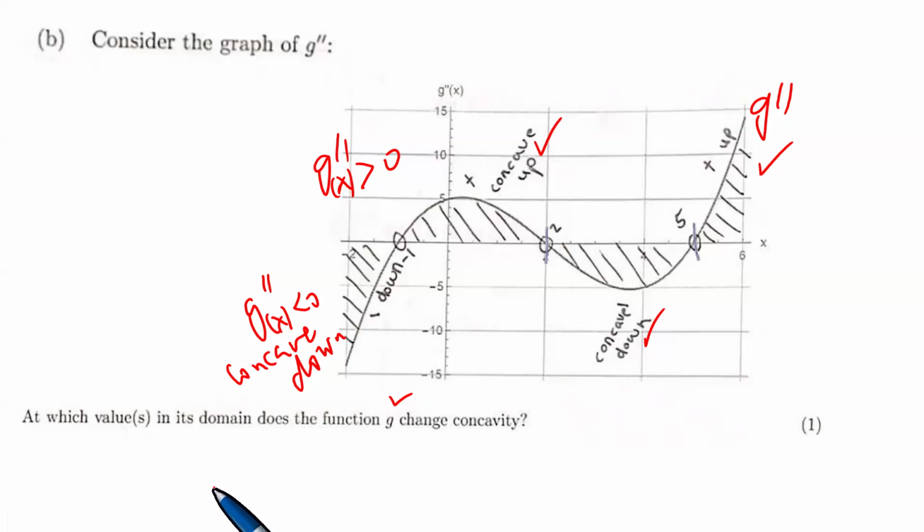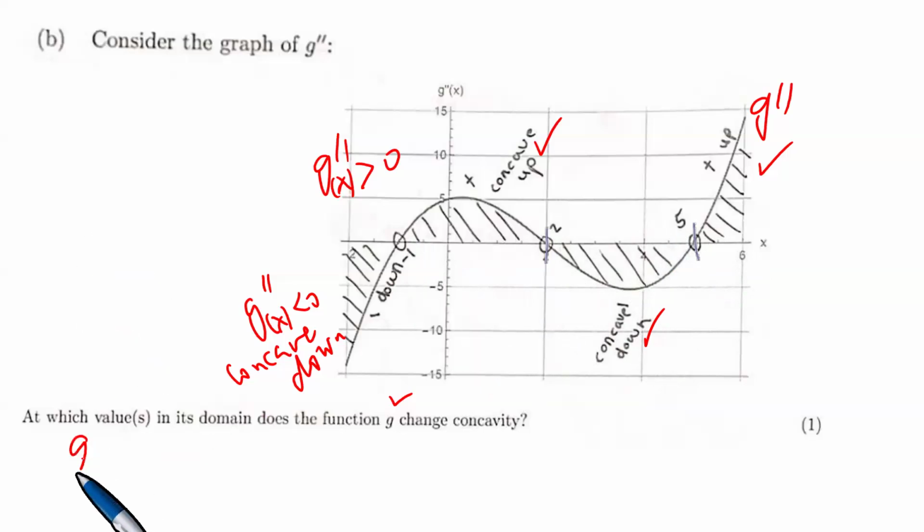We're able to see that you can see here it's concave down and then it's concave up, and then here it's concave down and there it's concave up. So what becomes very evident is that it changes concavity at the following points.